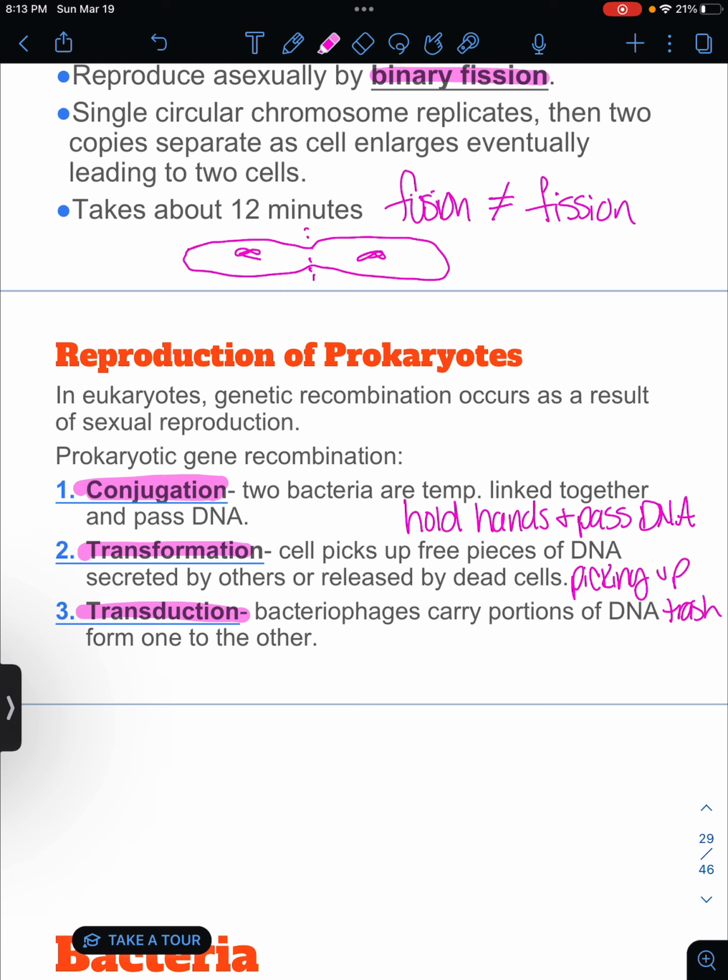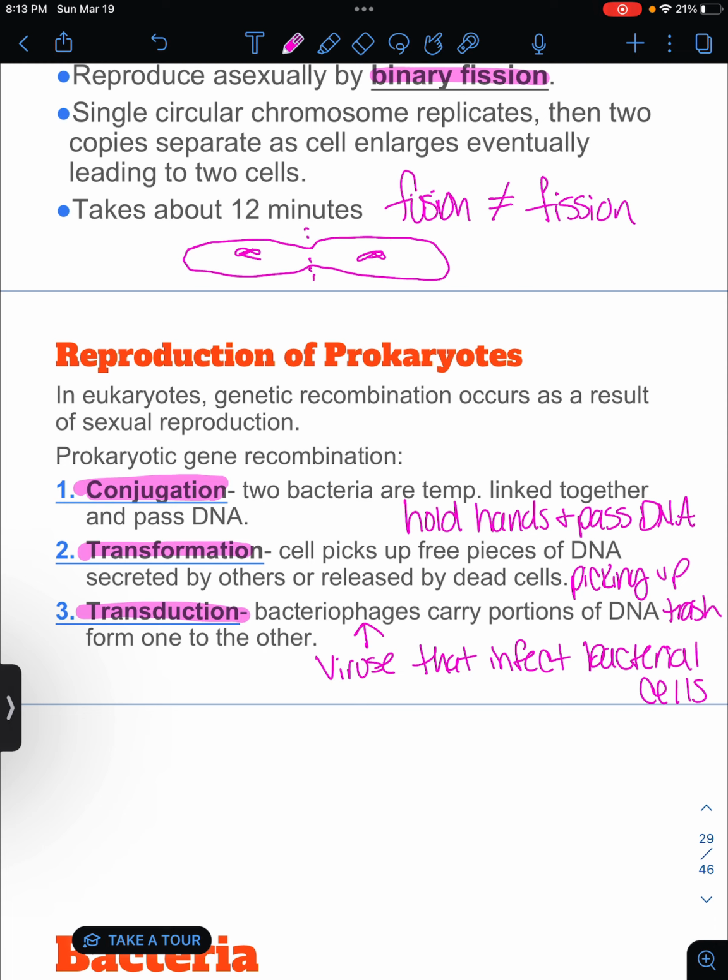Then you have transduction. This is where bacteriophages carry portions of DNA from one to the other. Remember the previous section, this is viruses that infect bacterial cells.